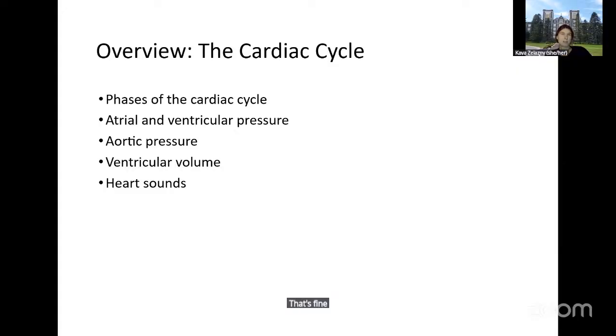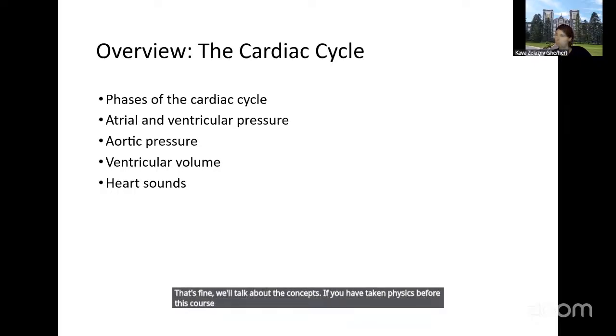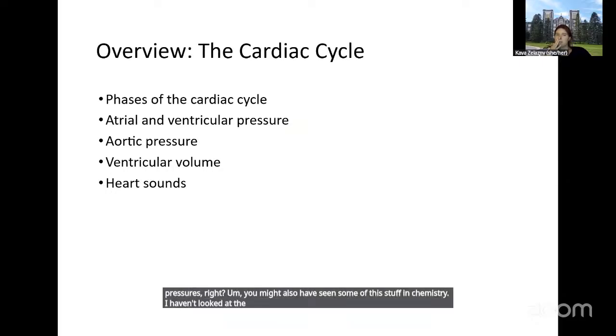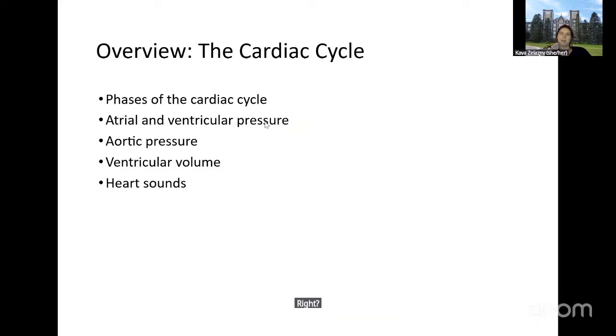That's fine. We'll talk about the concepts. If you have taken physics before this course, great. You might also have seen some of this stuff in chemistry. We're going to be thinking a lot about relationships, specifically between pressure and volume. And if you haven't taken any of these things ever before, that's fine.